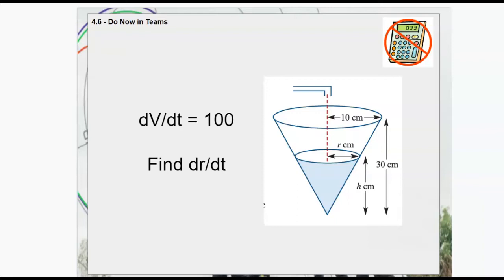And the other thing I've measured is that the amount of water coming out of my tap is about 100 centimeters cubed per minute. And I guess my question for you is, can we use that information to actually find the rate of change of the radius of water, given we know how much water is coming into the cone?